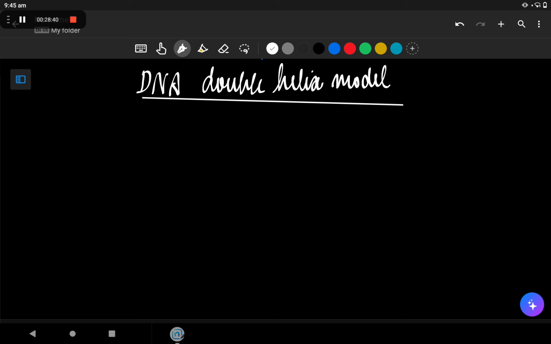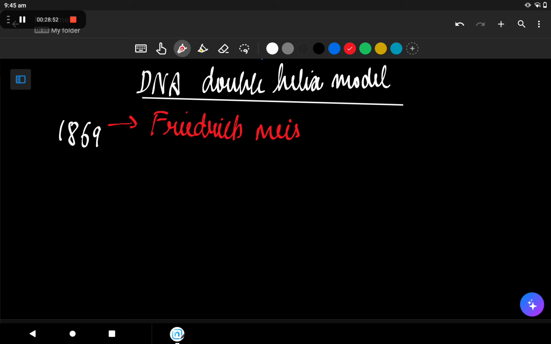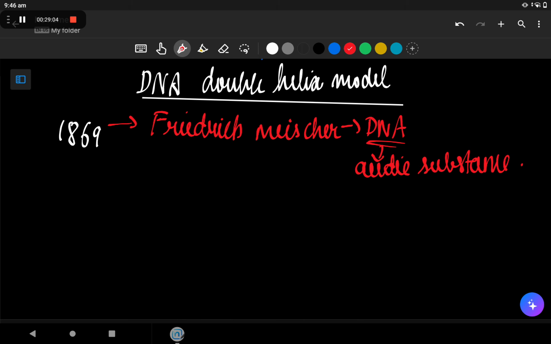Rosalind Franklin and Maurice Wilkins gave the X-ray diffraction pattern of DNA.